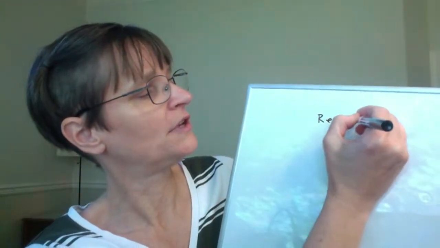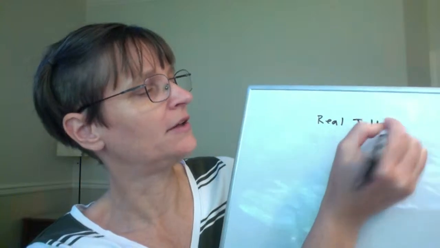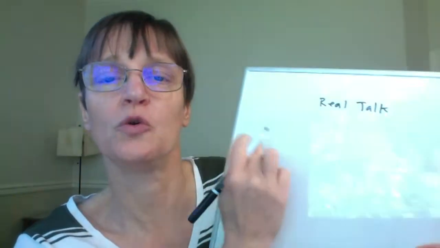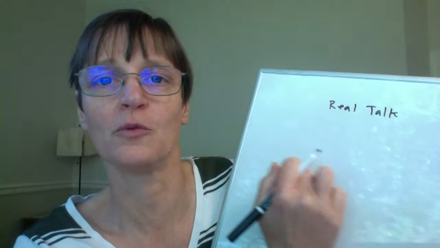A good resource I have on my channel page and on my website are my Real Talk videos. That's something we're going to look at in next week's class. Real Talk basically is where I'll take a written sentence and I'll show you where sounds are left off and where we link.